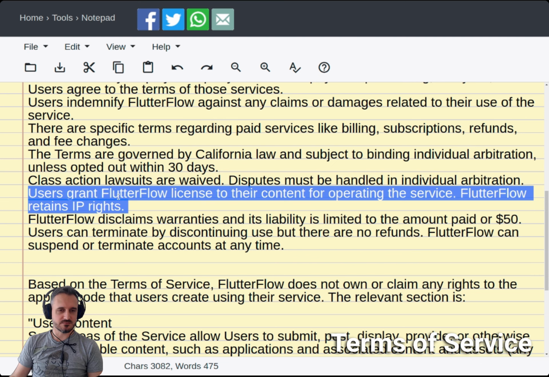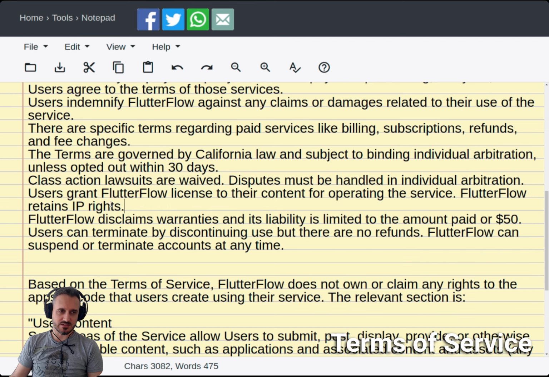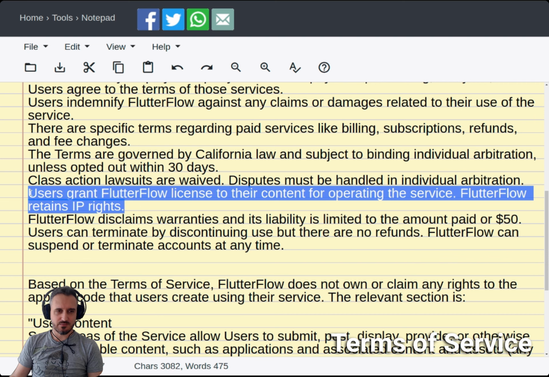And the next thing is that users grant Flow a license to their content for operating the service, and Flow retains its IP rights. This is something that I wrote, but there are two ways we can talk about that.